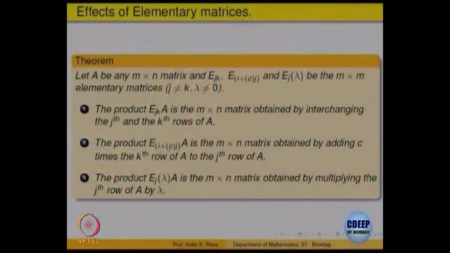Similarly, E i plus alpha j, what will this do? It will take the jth row of A, multiplied by C, and add it to the ith row of A, right. I think it is k written, so this is a typo, and similarly the lambda 1.